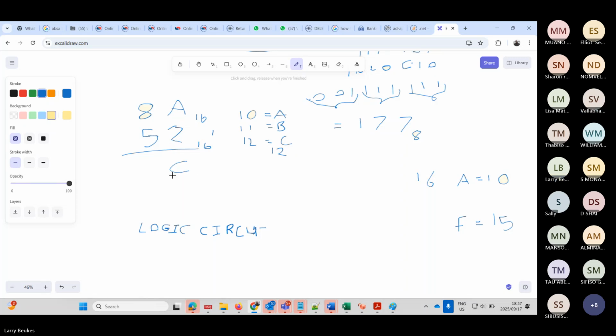Yes. 8 plus 5 is 13. But what is 13 in hexadecimal? D. Yes, because 10 in hexadecimal is A, 11 is B, 12 is C, and 13 is D. Then 14 will be E and 15 will be F. So this one will be DC.